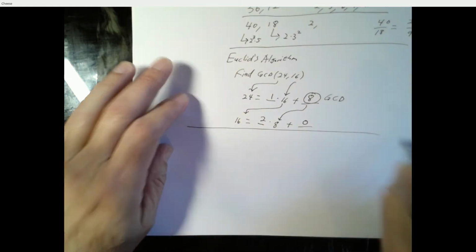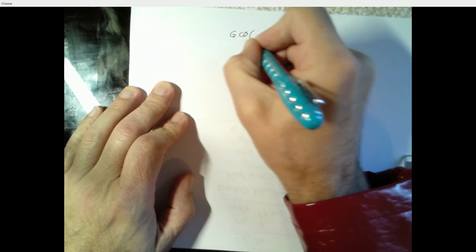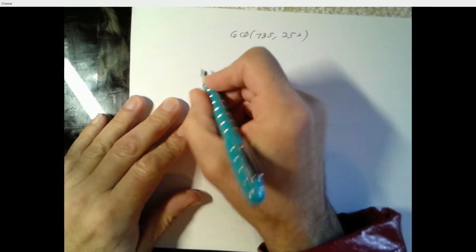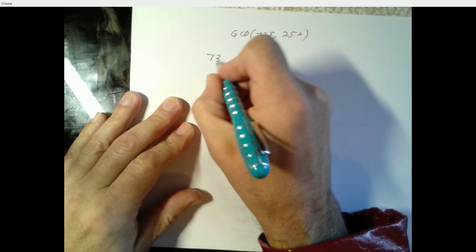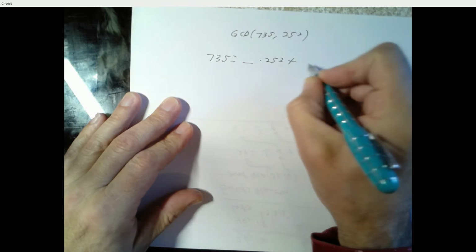Okay, so let's do a larger example of this. So let's find the GCD of 735 and 252. So what do we do? We say 735 equals something times 252 plus something.